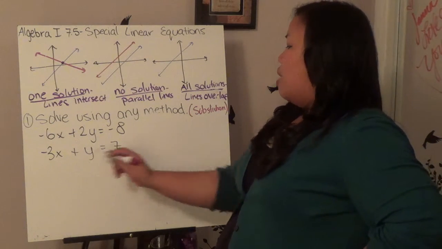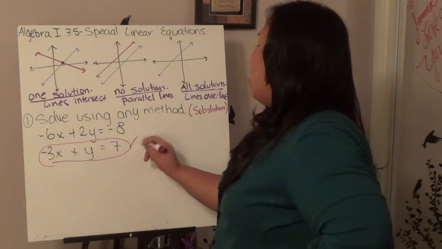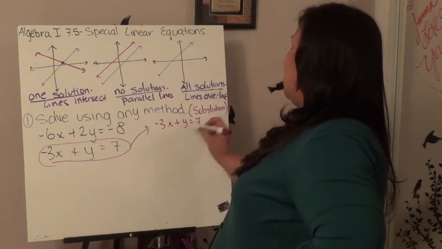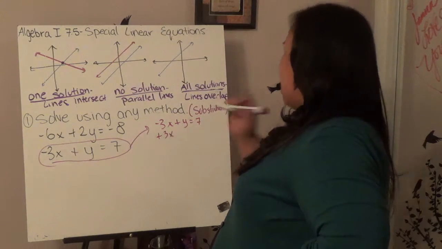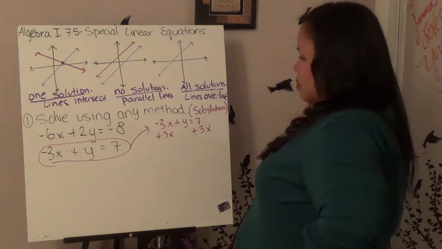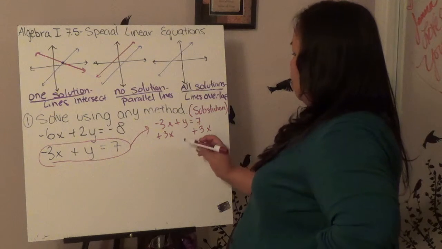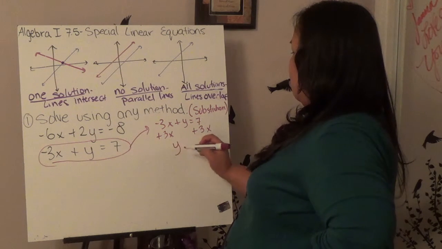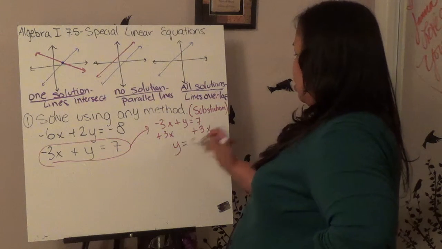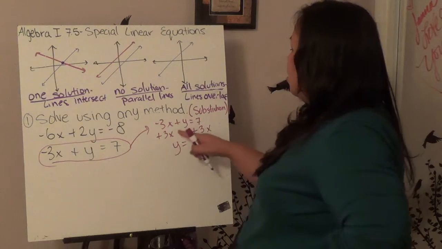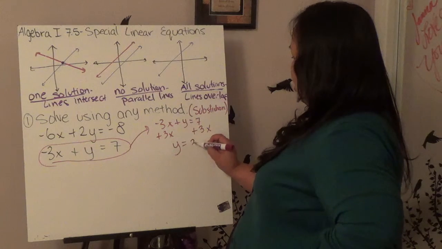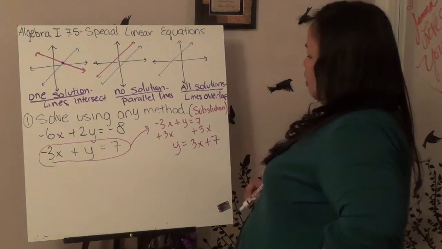Negative 3x plus y... I'm going to solve this one right here for y. I'm going to add 3x to both sides. I end up with y equals 3x plus 7.